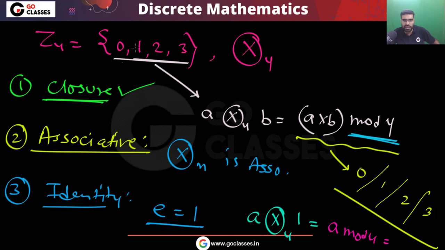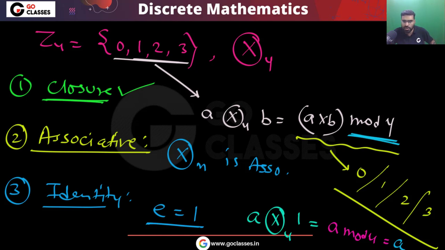Whatever element A you take from here, 0 or 1 or 2 or 3, its multiplication modulo 4 with 1 will be equal to A. So we also have the identity element.